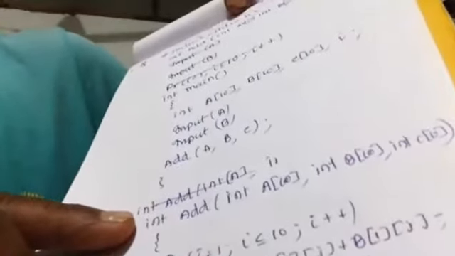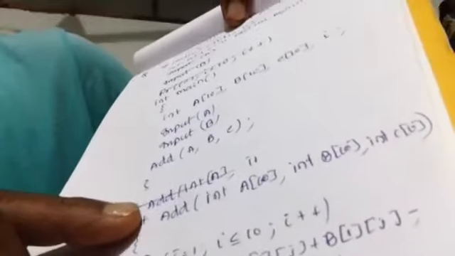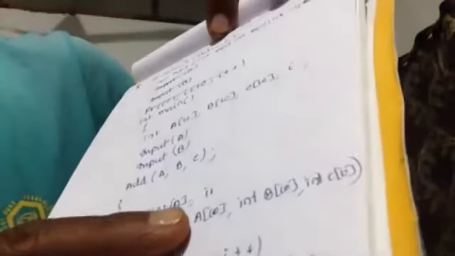One A, another B, and after adding them, I have C. Now you see, int add, int A, B, C. This part is clear, no?